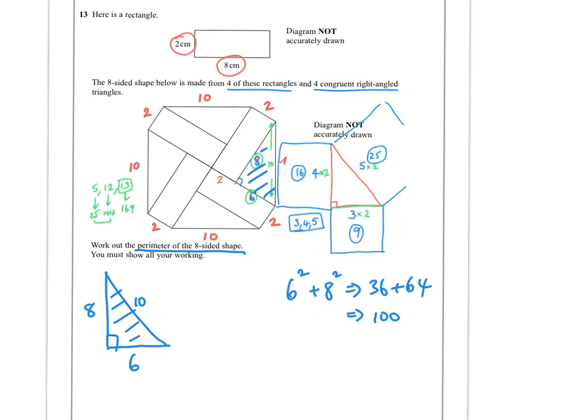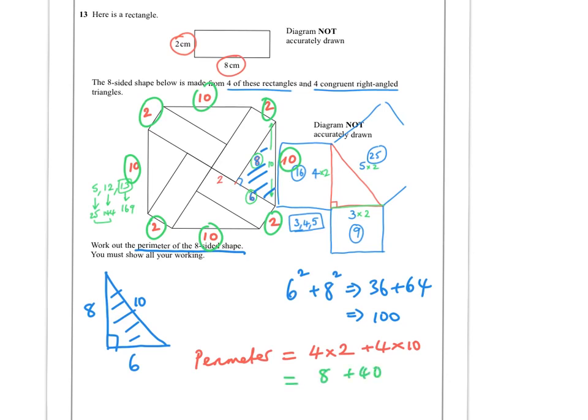So I guess a quick way of doing it is to say the perimeter is 4 lots of 2, these ones here, 1, 2, 3, 4, plus 4 lots of 10, which we've just found. And that gives us a nice answer of 8 plus 40, which is 48, and the units are centimetres for perimeter, because we're walking from one point all the way around to the start again.